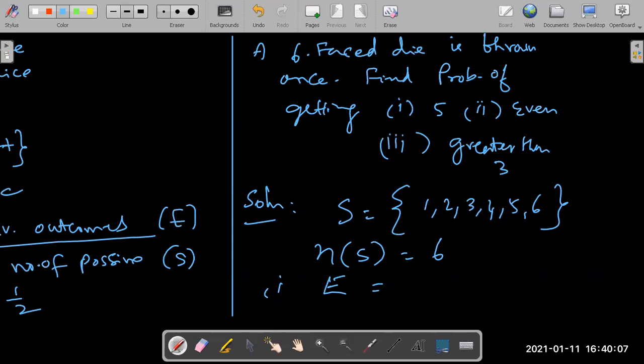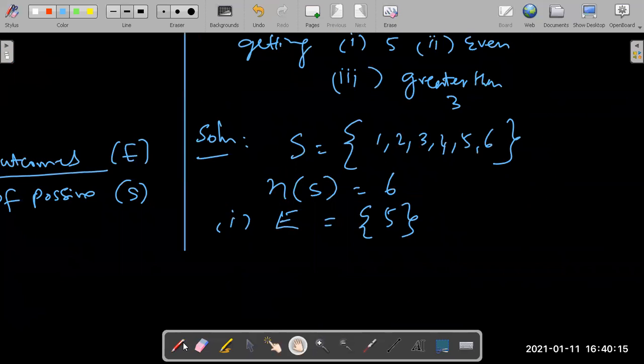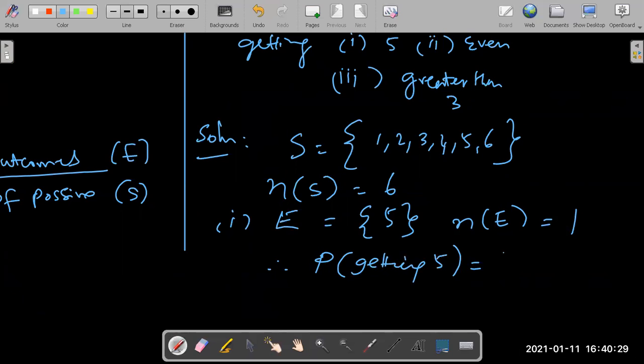For the first one, the event space is 5. We are interested in only 5. Therefore, n of E, that means how many elements are there in this event space, is 1 only. So the probability of getting 5 equals n of E divided by n of S. N means number. So this becomes 1 by 6.